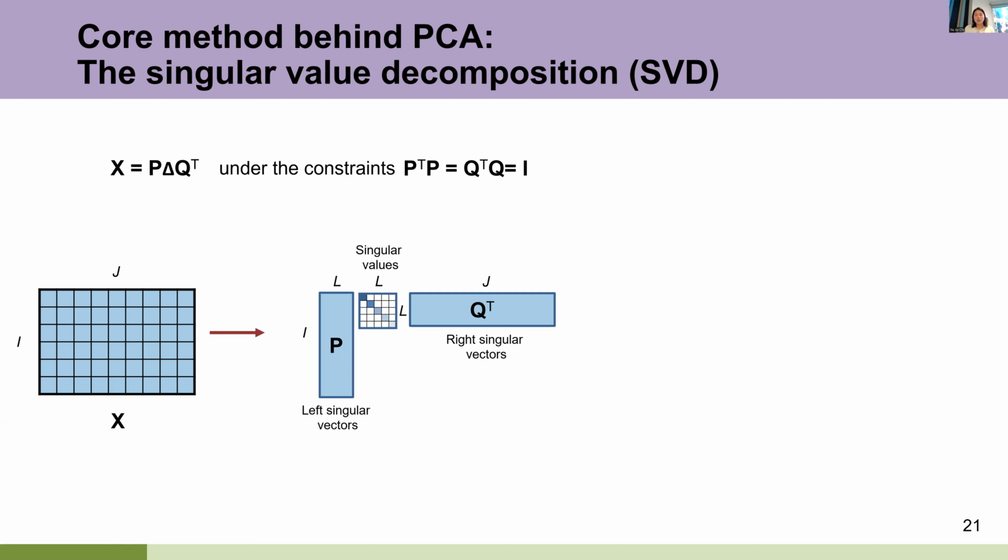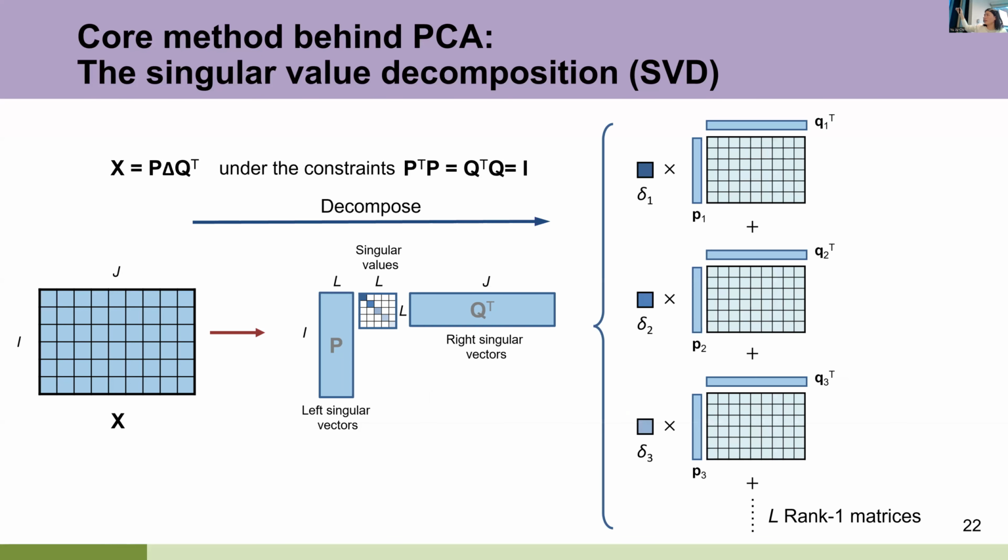Just for your information, these are called singular vectors. P is on the left, so it's left singular vectors. These are on the right, so it's right singular vectors. Singular values in the middle. With that, we could decompose the matrix into separate components, where we could also reconstruct the data from each dimension.